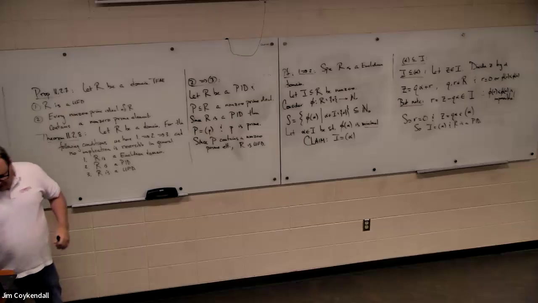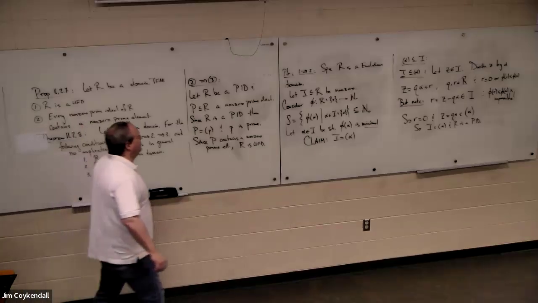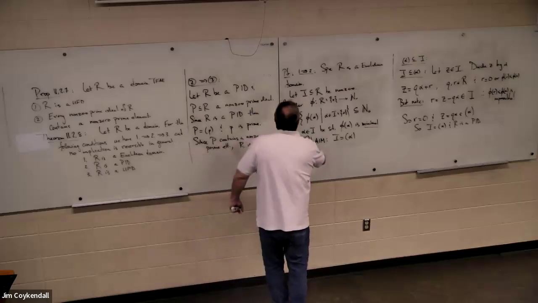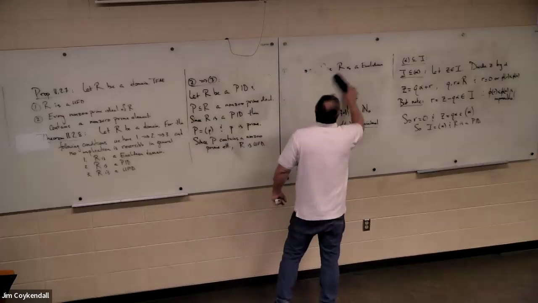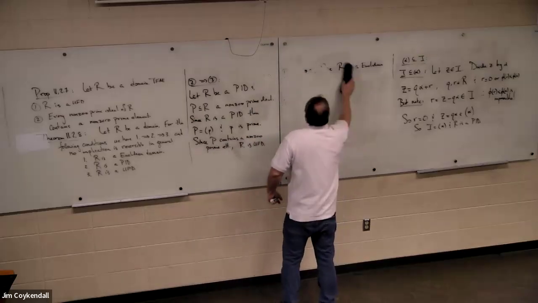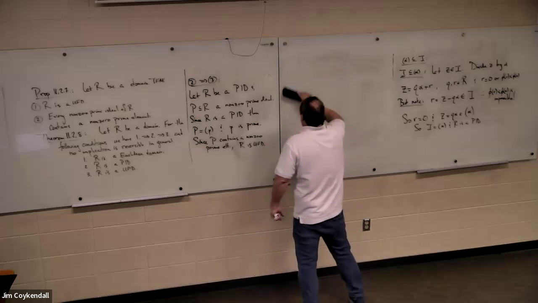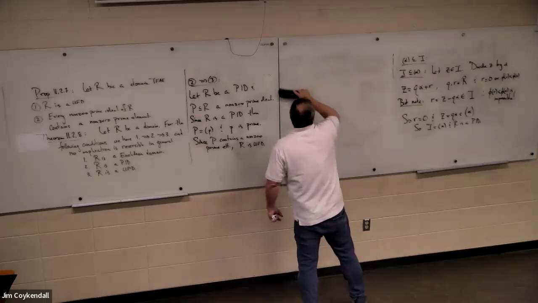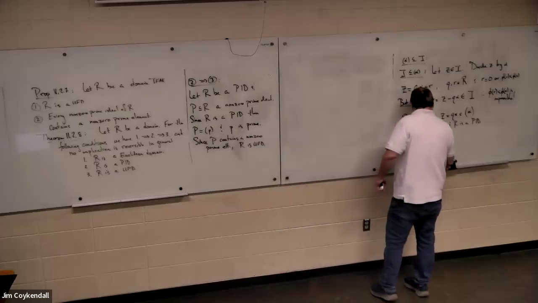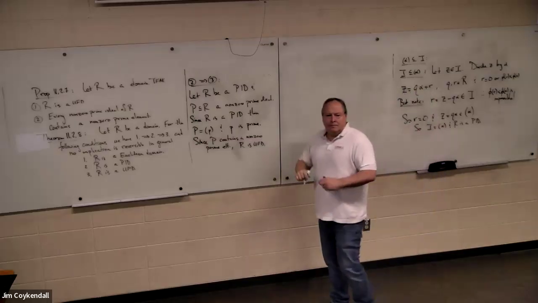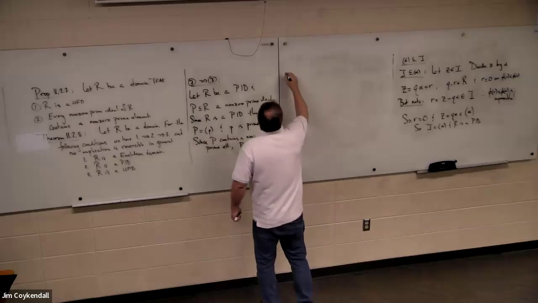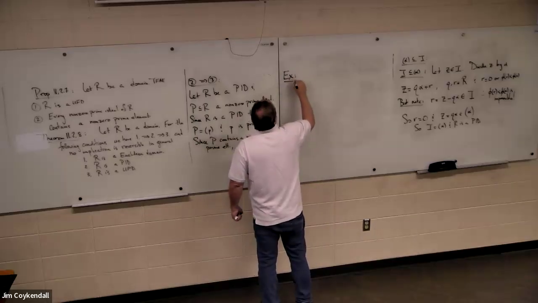Oh yes, I should give you a couple of examples, right? So I'm not just blowing smoke. I did say that none of the arrows were reversible. Well, there are tons of examples.